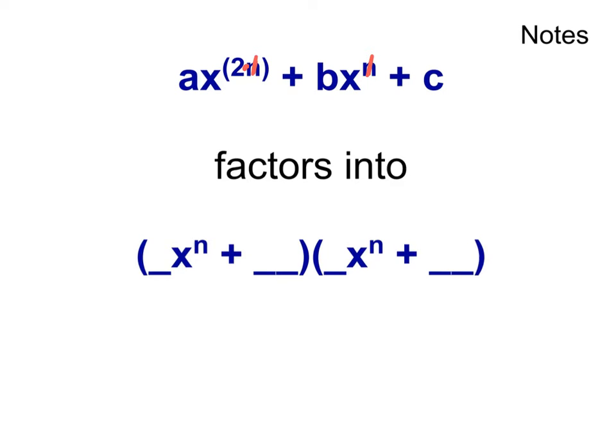And if we do have n equals 1, then you'll notice then that the x is squared and the middle x is just an x, because we don't need to write x to the 1. And when you do that, then you end up with just plain old x's inside the parentheses as well. That was just a very specific case of this more general rule.